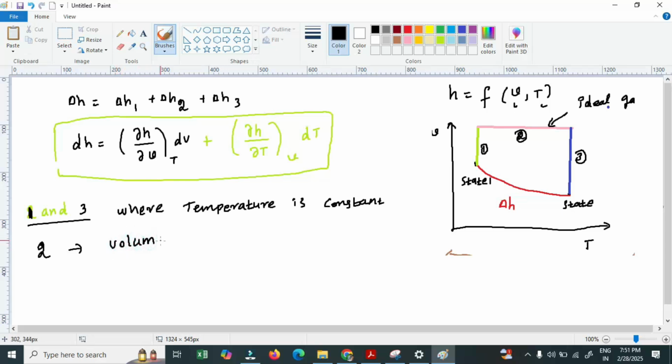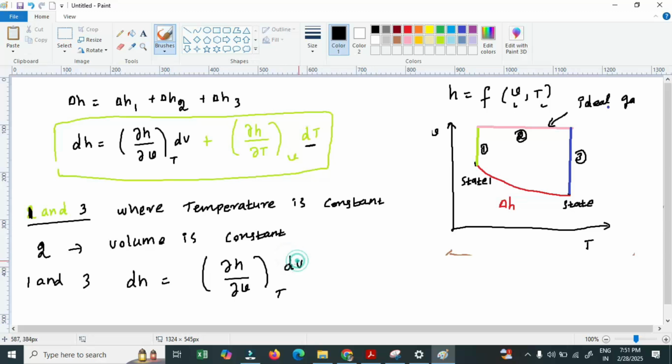So these two formulas I am going to utilize for 3 different steps to calculate the change in total enthalpy. For del H1 and del H3, I will be using this formula. And for del H2, I am going to use this formula. So I am splitting the steps into 2 types. Therefore, I can discretize my steps.